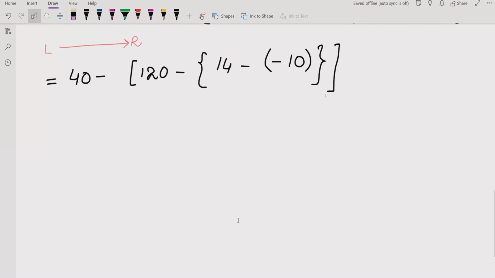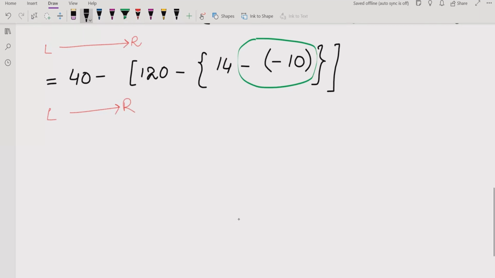Now we move left to right and see which is solved first. As per the rule, we solve this part first.